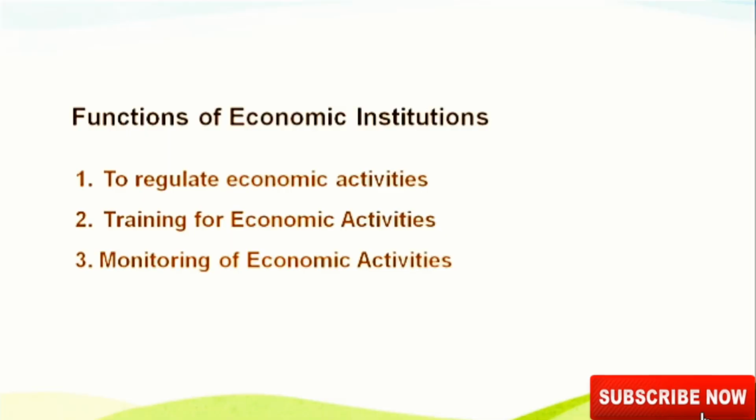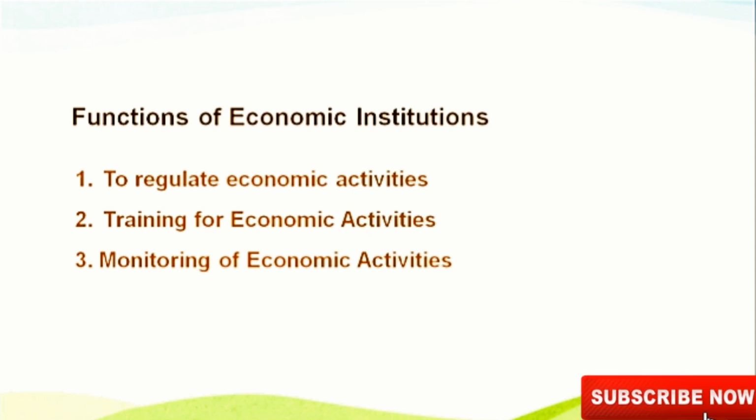Other functions of economic institutions are training for economic activities. Like we have discussed that there are different activities in primary, secondary and tertiary sectors. So, it means we need some trained, skillful persons to perform these activities in the society.